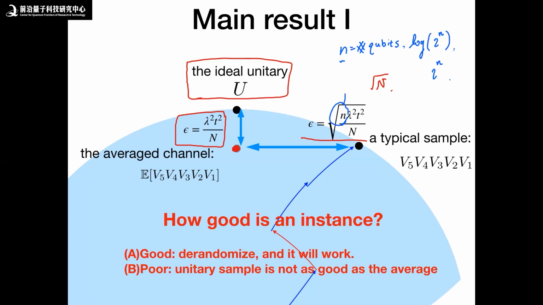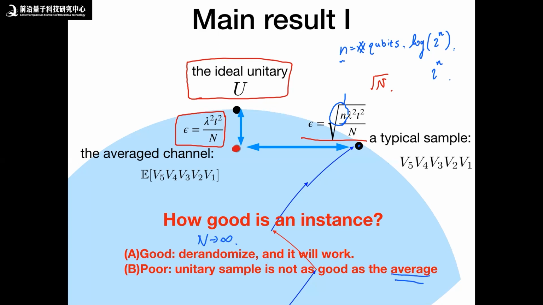Cool. And we actually answer our questions. So how good are these guys? Well, they're good in the sense that if you make n large enough, then it does get very close to the ideal unitary. So you can in principle use this. But it's also not as good as the average.